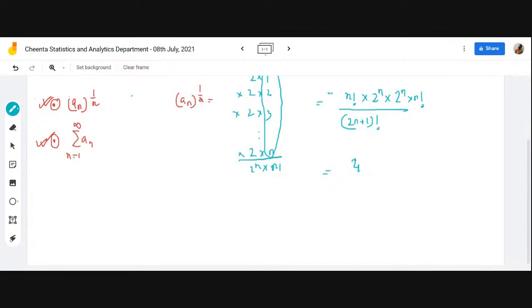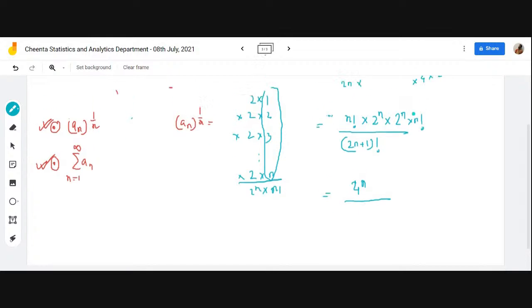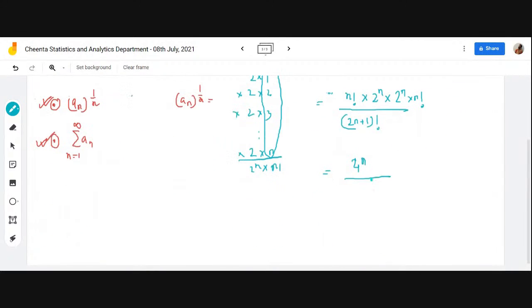Okay. So you get 4 to the power n into, by, if you see it's n, so what you do is that you take 2n plus 1 outside, and you take 2n choose n. Okay.